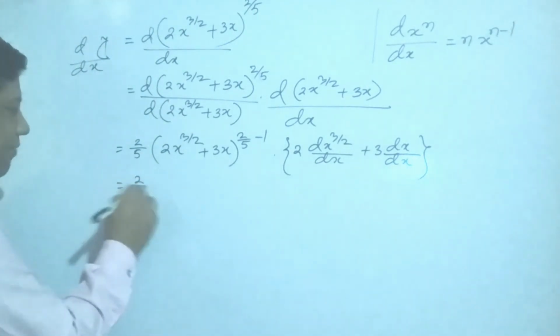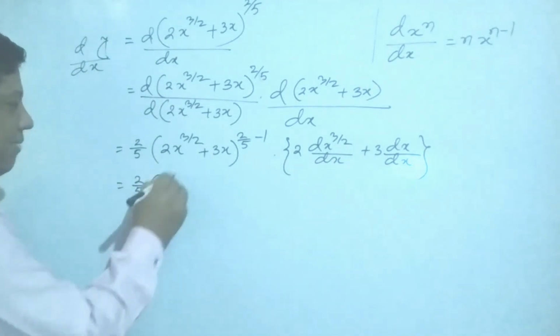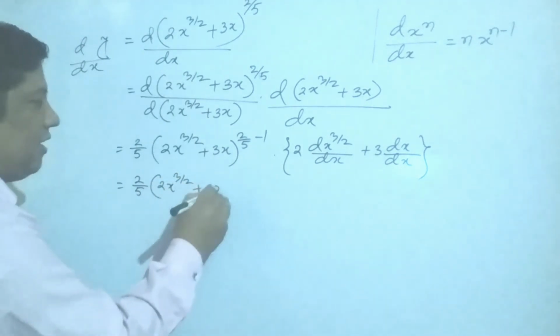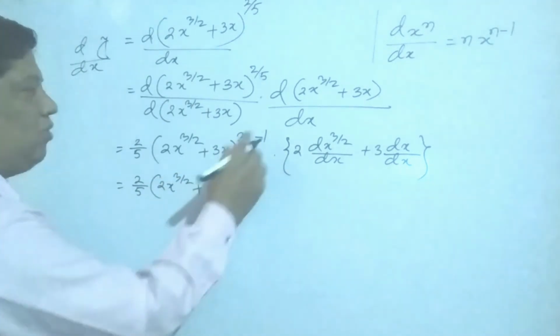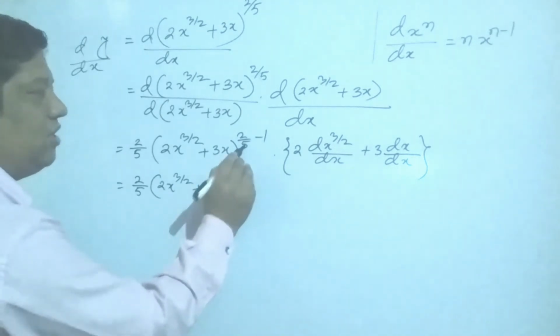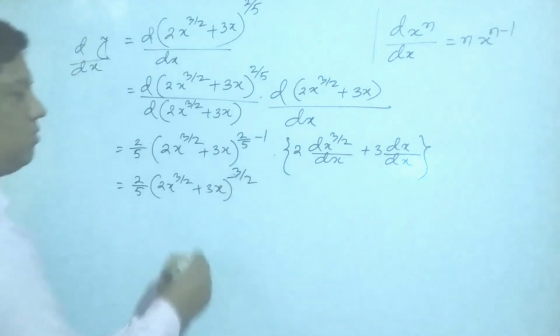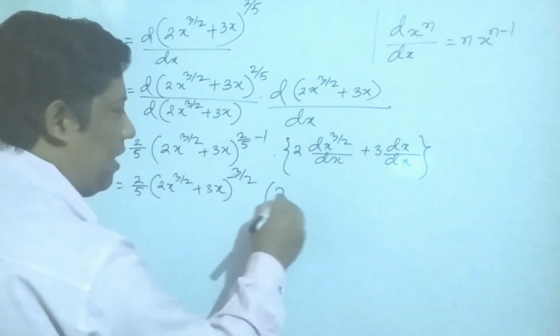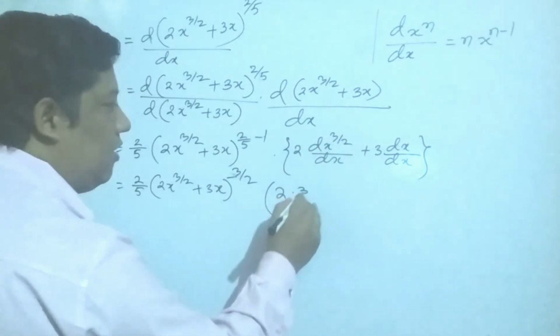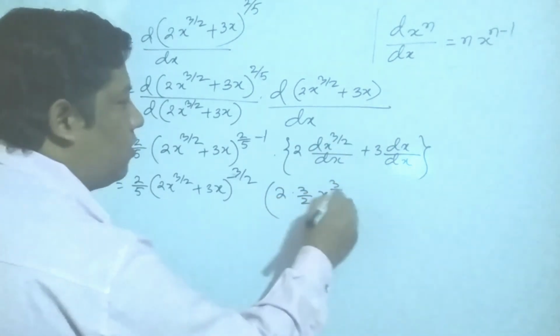Now 2 upon 5, power 2x power 3 upon 2 plus 3x power. Now you subtract, you get this minus 3 upon 2, and differentiation of this part equals this part on this side, 3 upon 2, and 3 upon 2 minus 1.